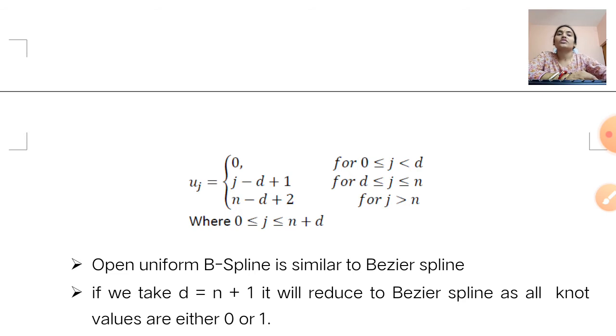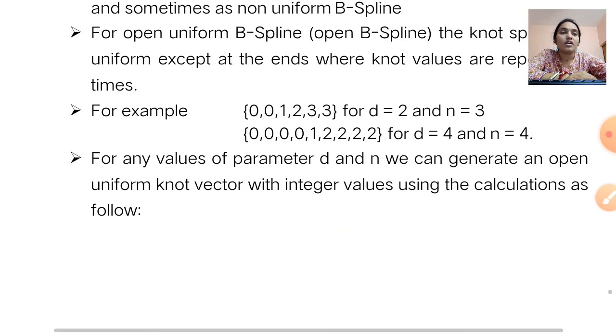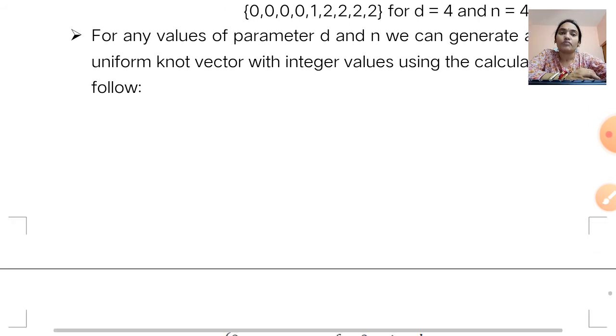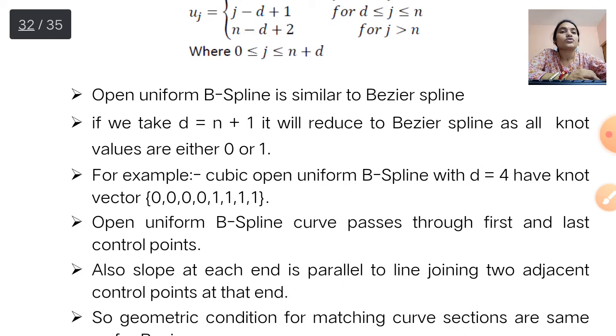So in this way we find the d and n parameters in an open uniform knot vector using integer values. Now the open uniform B-spline is similar to the Bezier spline.